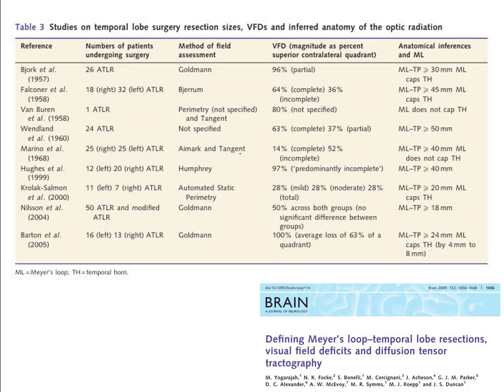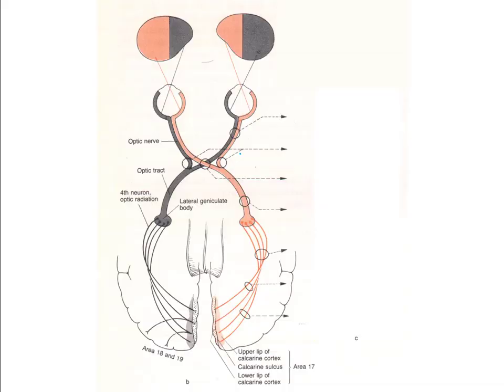And it turns out that Meyer's loop are fibers that cover mostly the upper quadrant. So what would you get if you injure Meyer's loop on the left? Left or right? Right upper quadrant anopsia. Both eyes would not see things that were in the right upper quadrant.